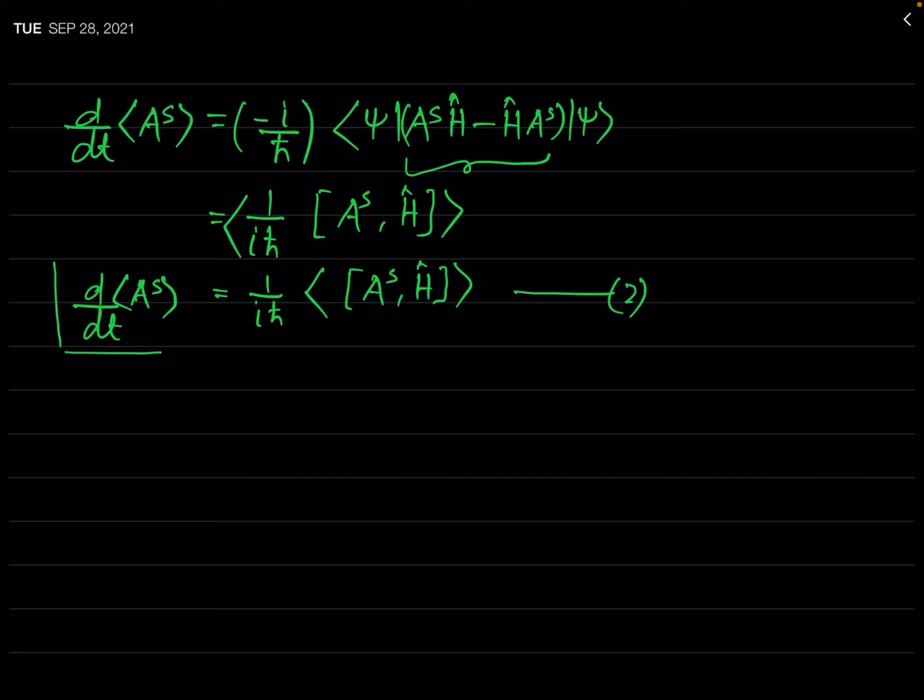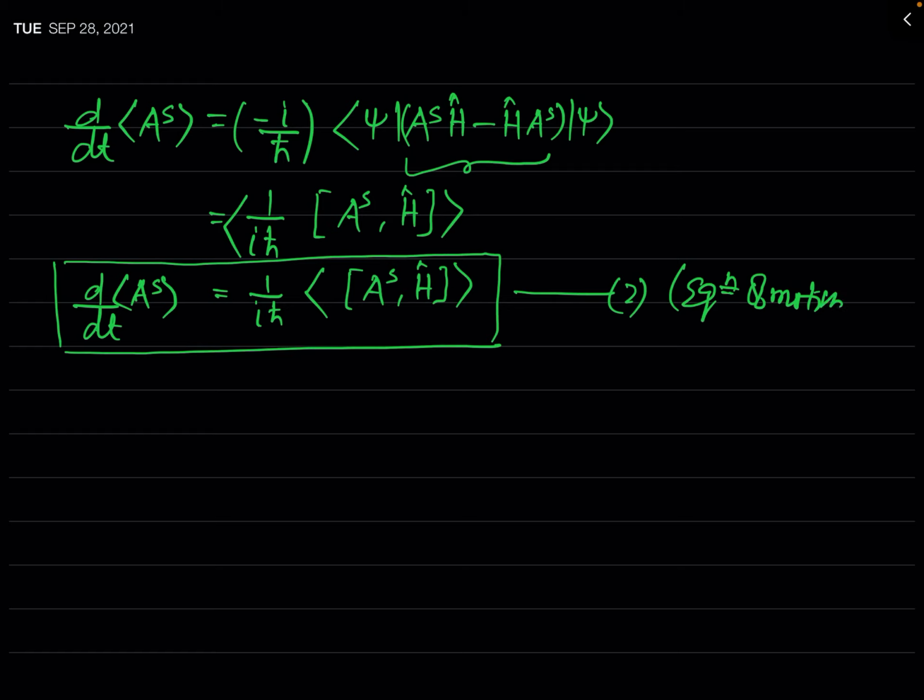In fact, this equation is also known as the equation of motion in the Schrodinger picture in terms of the operator AS. So this is also the equation of motion. Now you can see that if the operators AS and H hat do not commute, then this commutator will vanish.